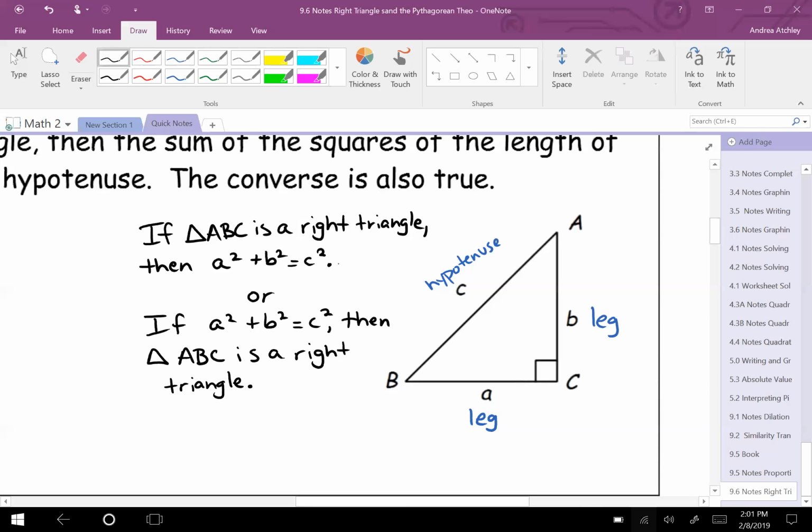So you can use this if you're told you have a right triangle, and you can use it to prove it's a right triangle. Both work.